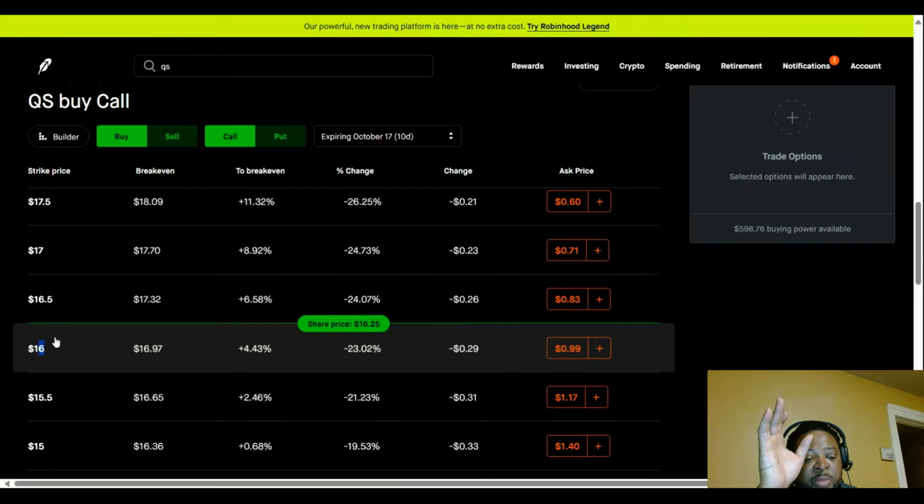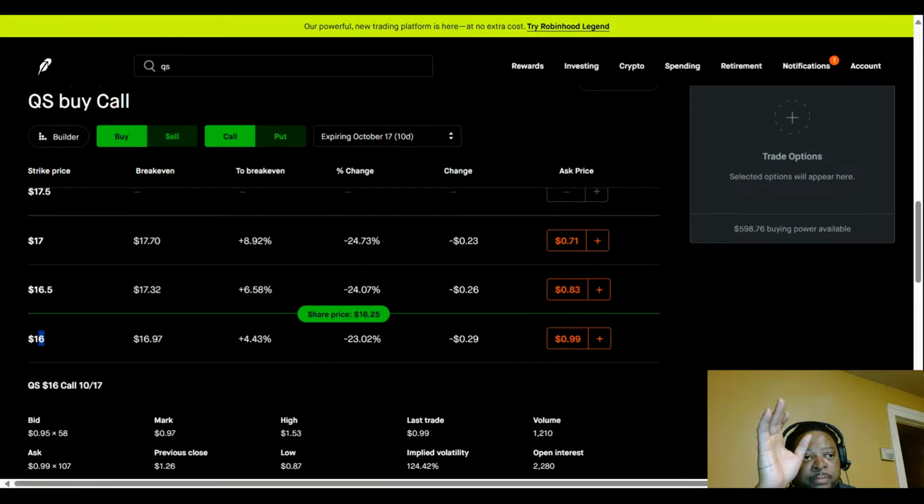That means when you exercise the contract, you lose that premium that you paid me, that $175. And also you have to pay for the shares. So $16 times 100, that's $1,600, plus that $175 that you spent to have the right to do this. That's $1,775 if I'm not mistaken.